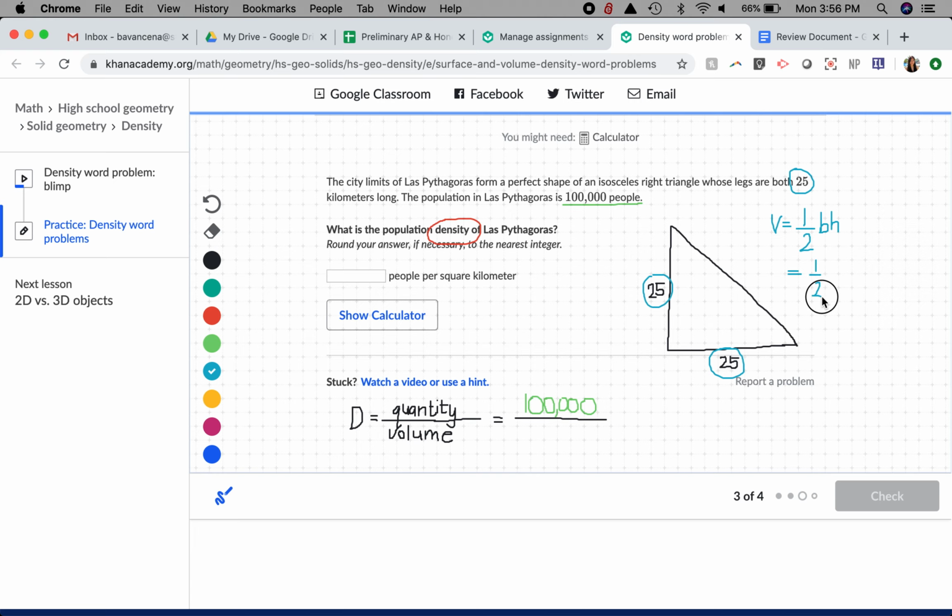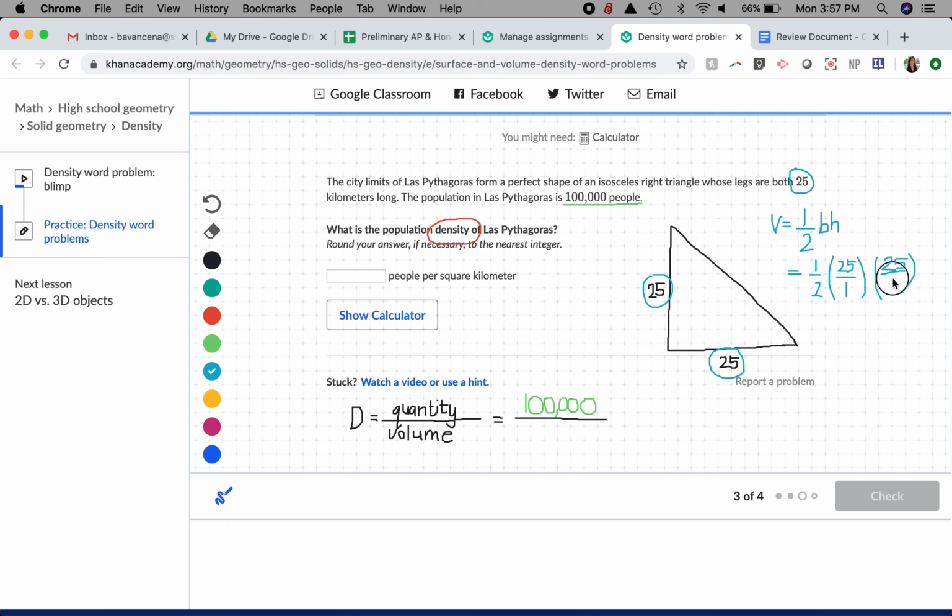So let's go ahead and plug in some values. So 1/2 times the base, which is 25. This is the base of the triangle, times the height of the triangle, which also is 25. Now, since I'm multiplying fractions, what I'm going to do is I'm going to make these 25s 25 over 1.